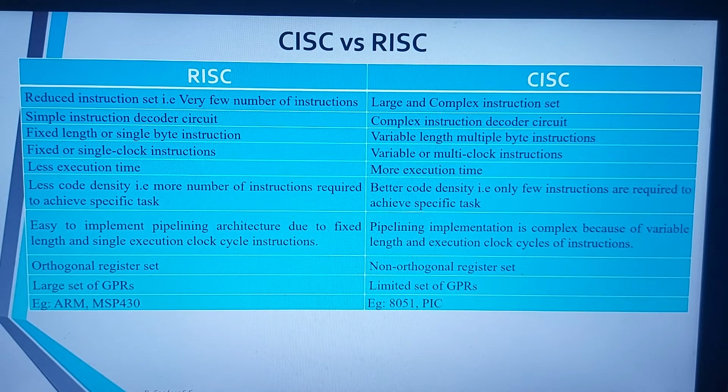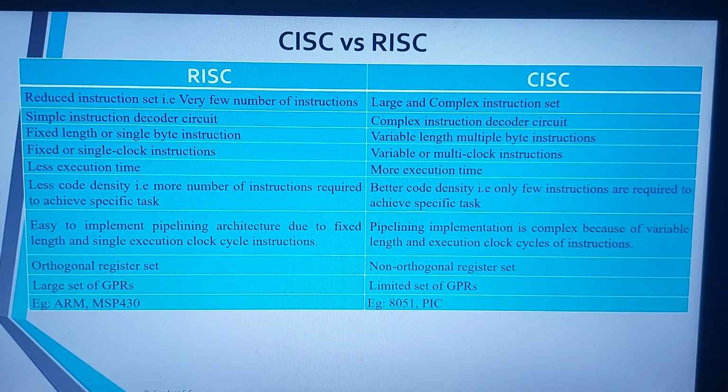As the name itself says, a reduced instruction set has very limited and simple instructions. As very few instructions are there, the decoder circuit for that instruction set is also simple. Whereas in the case of CISC, the decoder circuit becomes very complex, as there is a large set of instructions to be decoded.